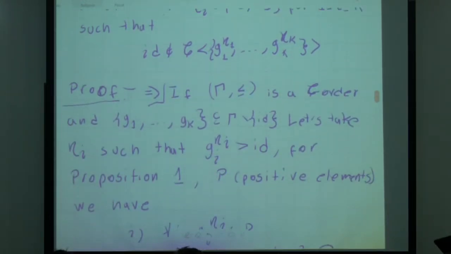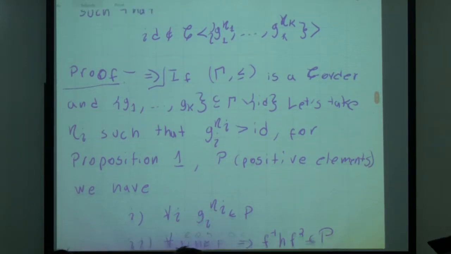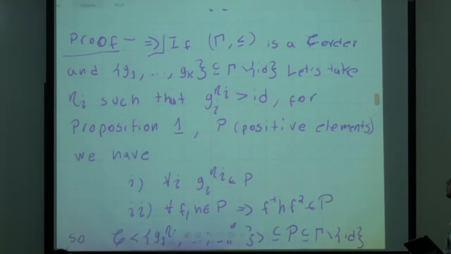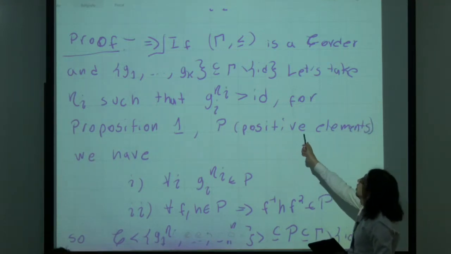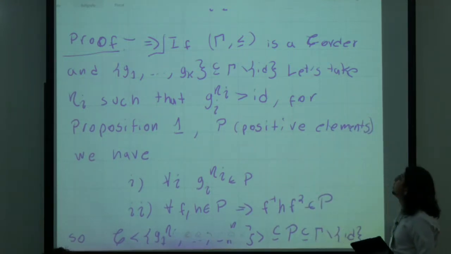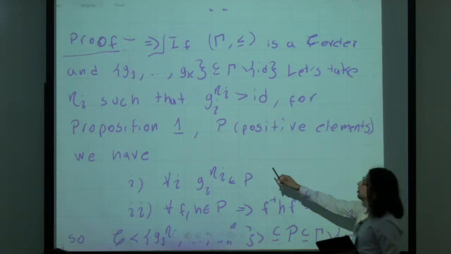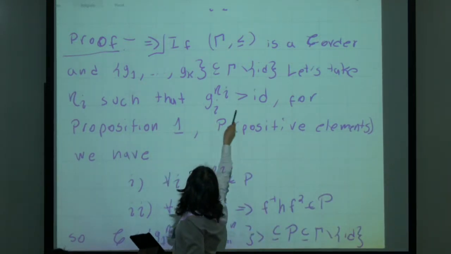This direction is the easy one. If we take a C-order and a finite subset, let's take the exponents such that these elements are positive.